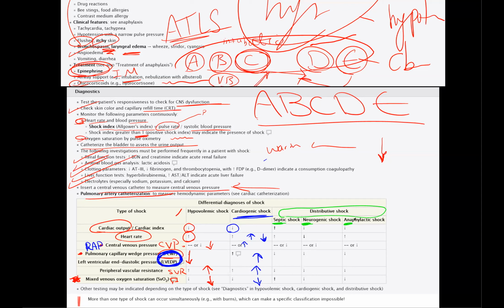The mixed venous oxygen saturation will be high in this case. So septic shock is known by warm, clammy peripheries, tachycardia, cardiac output high. Okay, systemic vascular resistance is low, again with warm, flushed peripheries.